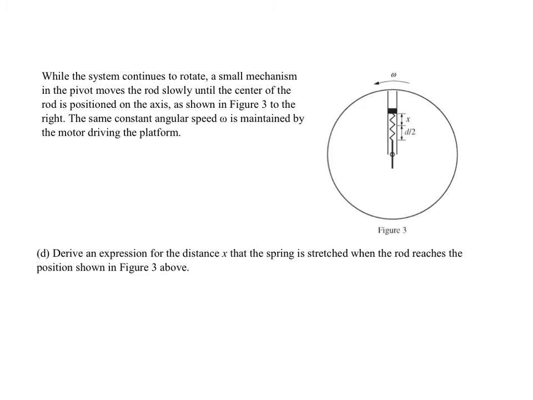in figure 3 above. So we want to note that since the entire rod was of length d, and now we're at the center, then this is also d over 2. And so our distance of the mass from the center is d over 2 plus d over 2 plus x, or just d plus x.